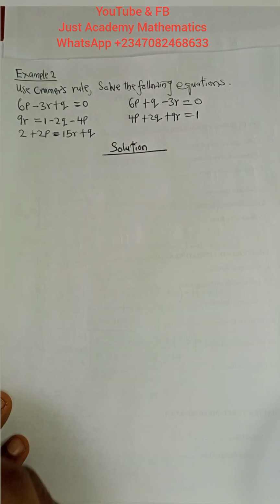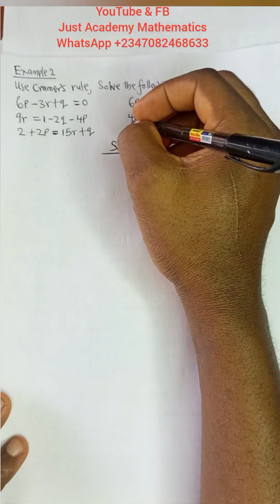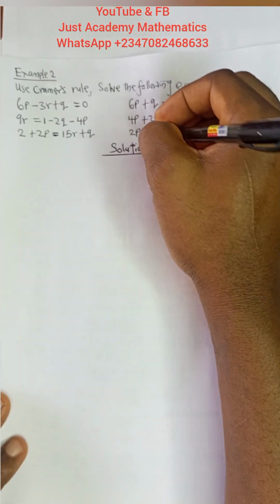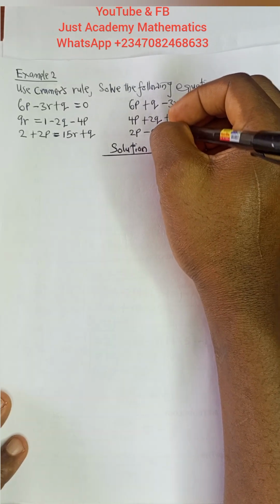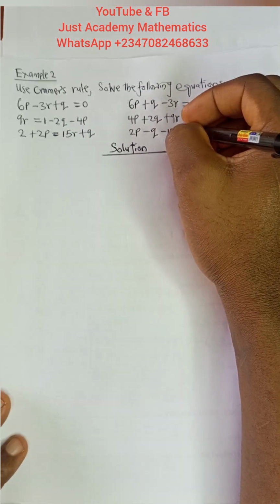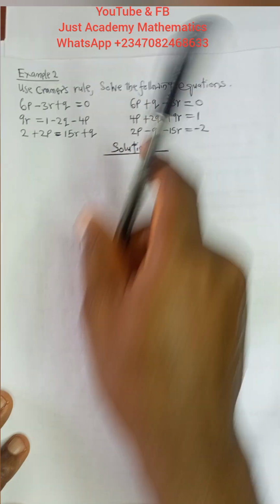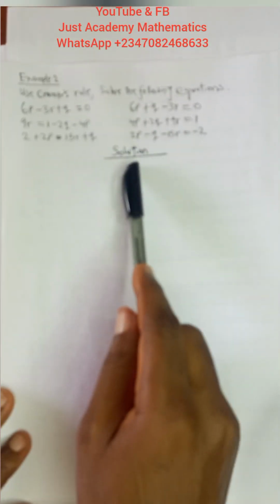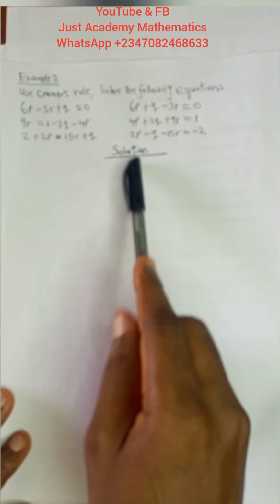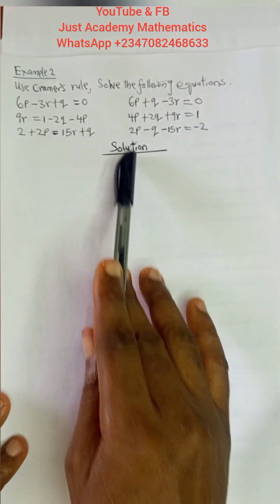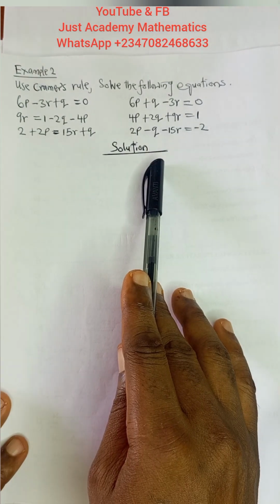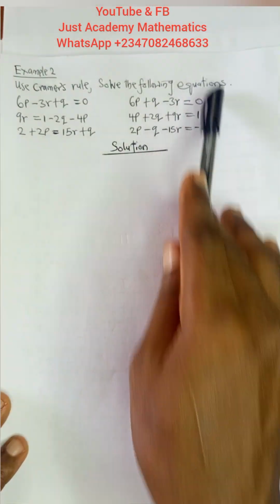Then equation 3, P is already here: 2P minus Q minus 15R is equal to minus 2. So you can see it's well arranged now. We will now have a column designated for P, column Q, R, constant.